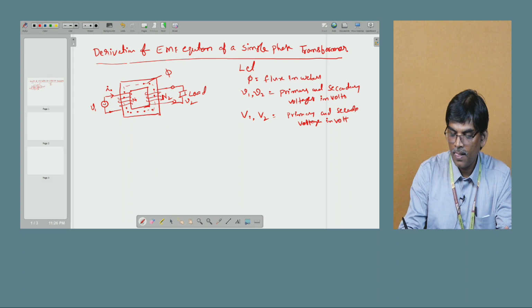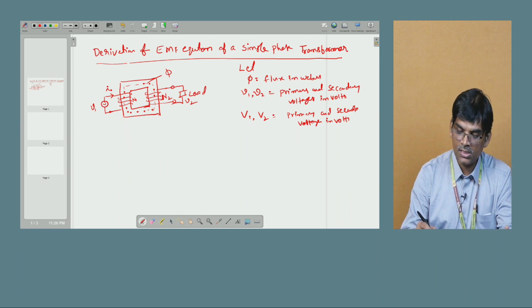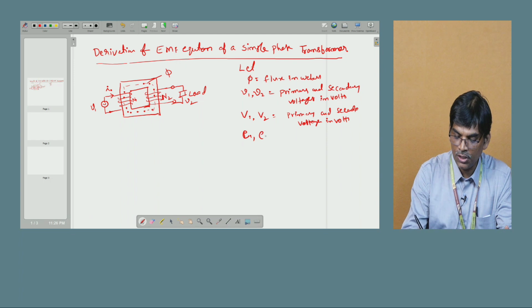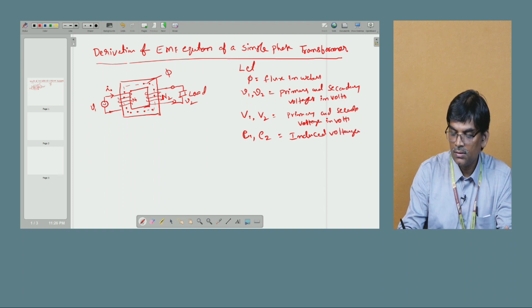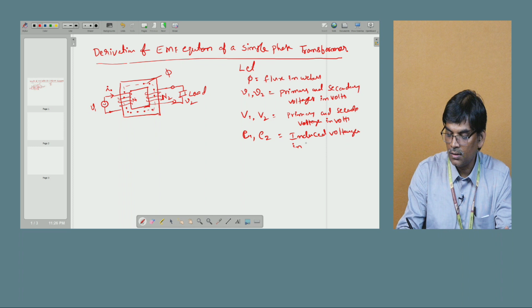These are generally called terminal voltages, but we also have E1 and E2, another term for the induced voltages on both sides.